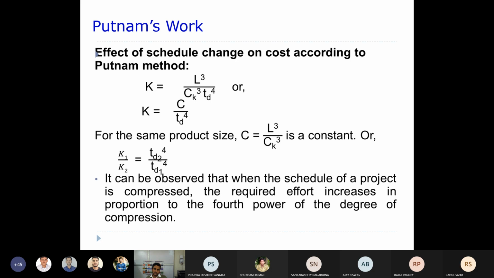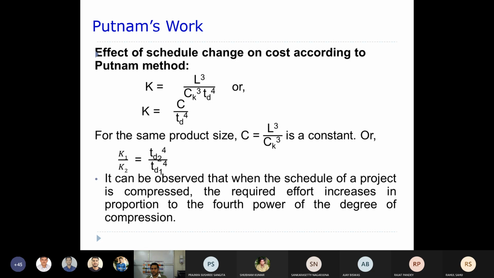But from this particular equation, K is indirectly proportional to the fourth power of TD. You understand? T to the power of 4. So if you are going to halve the duration, how many times will the cost increase?